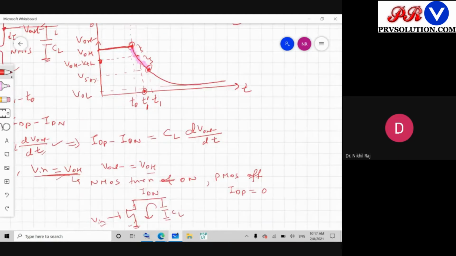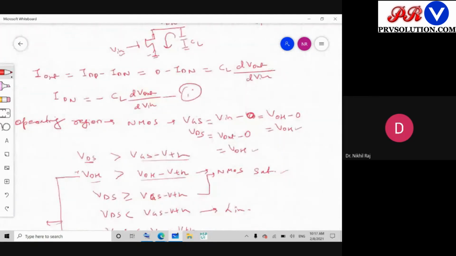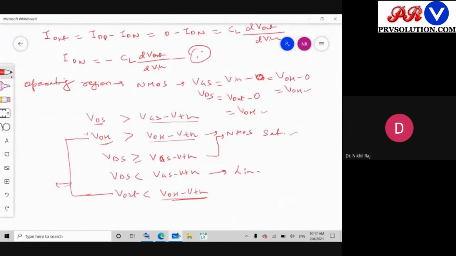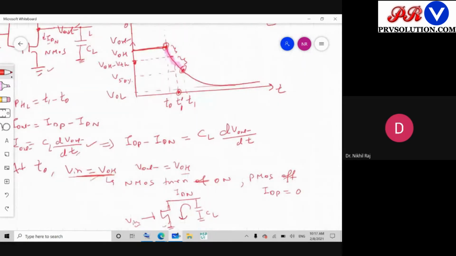From here the analysis has been done. When Vout is greater than VOH minus VTH, it is in saturation, and when Vout is less than VOH minus VTH, it is in the linear region. So VOH minus VTN is the transition point. Above this, the NMOS will be in saturation, and in this case NMOS will be in the linear region, and the transition is shown at the T1 dash point.